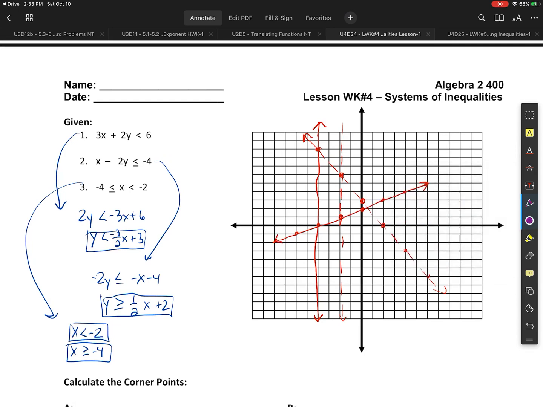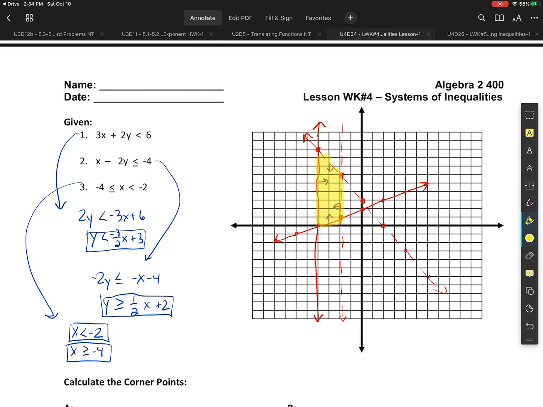Alright, time to figure out the shape. I'm going in between the train tracks, below here, above here. That is my answer. Alright, so my answer is that yellow shaded area. It works for all 4 inequalities, and that is my answer to my system of inequalities.